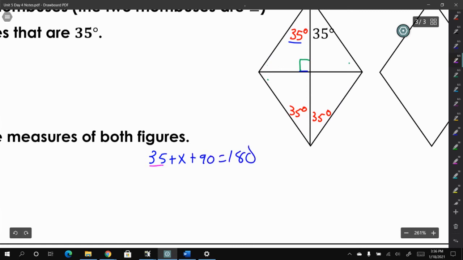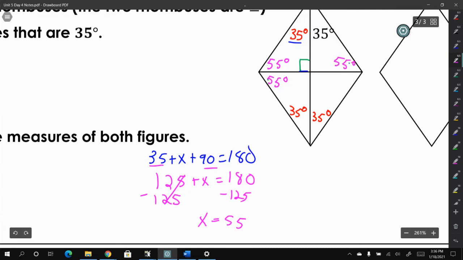Combine your like terms. You'll get 125 plus x equals 180. Subtract 125. x is equal to 55. So all of these angles here are 55 degrees.